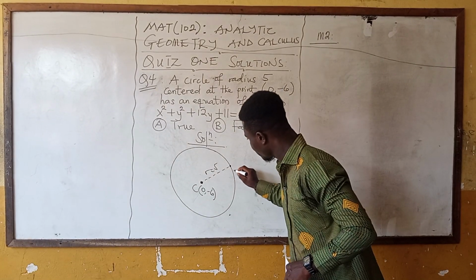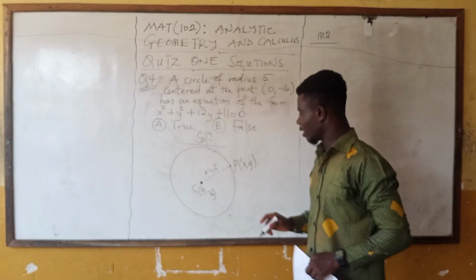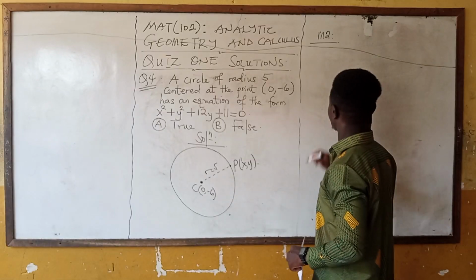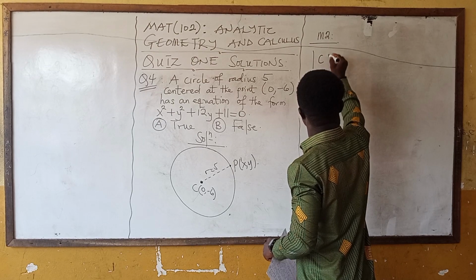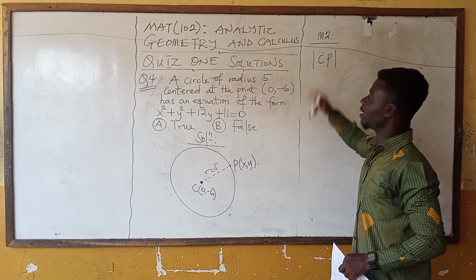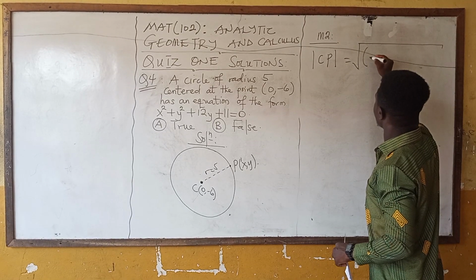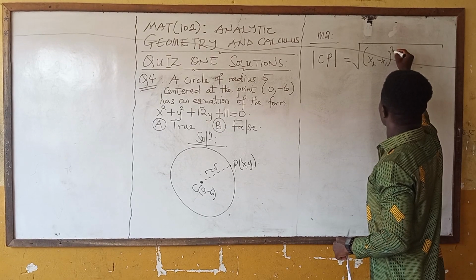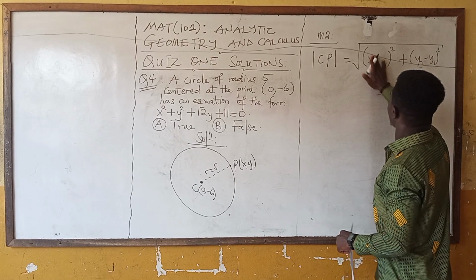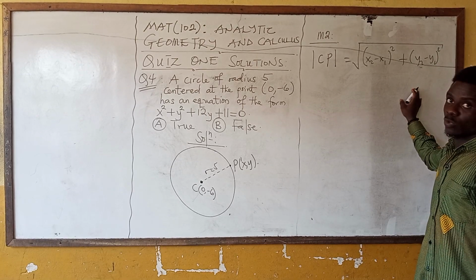So now we have to take a point here, which is point P(x, y). Then we have to find the distance from the center to the point P, quoting the distance formula, which is the square root of (x2 minus x1) all squared plus (y2 minus y1) all squared.